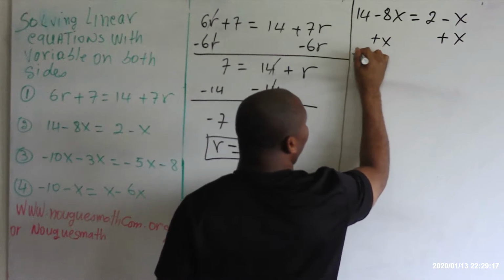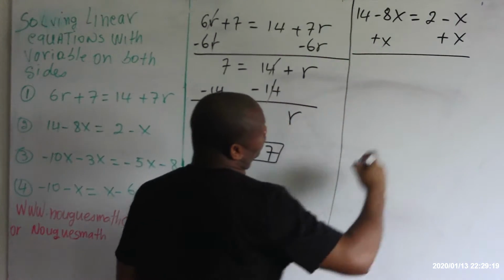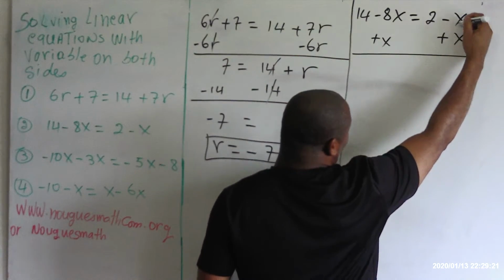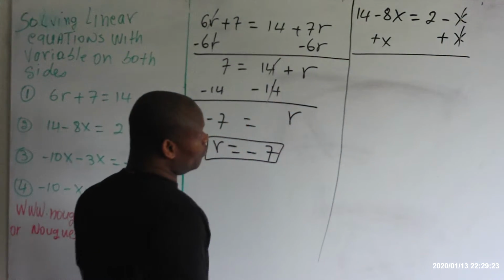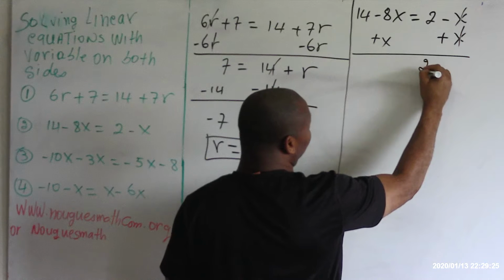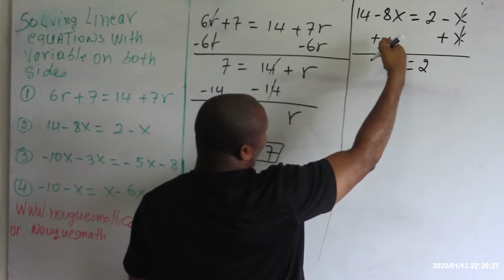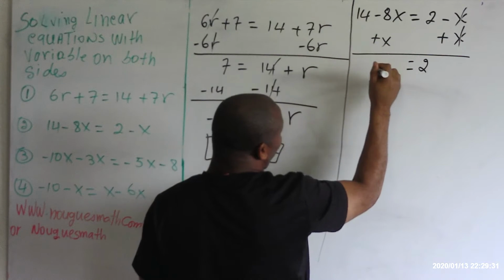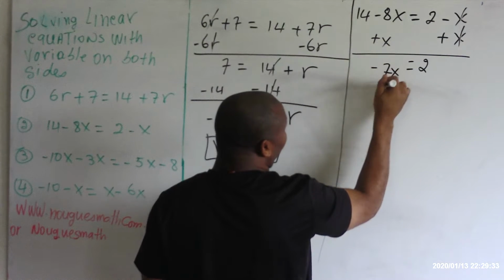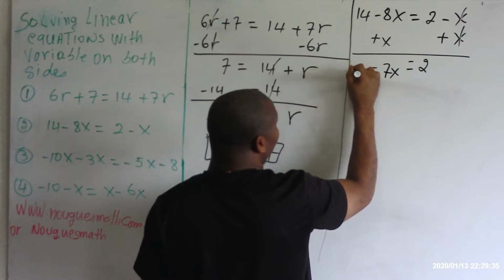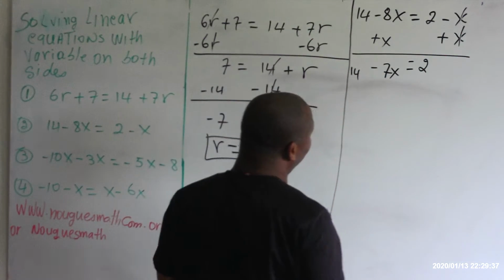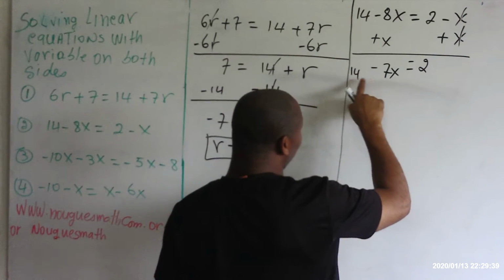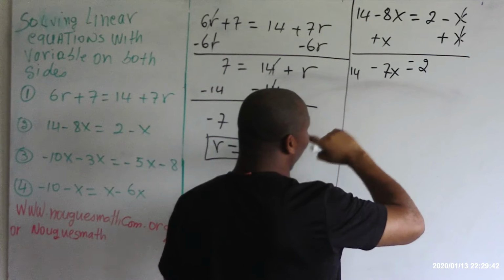Okay, so negative x, positive x, that cancel right here. So bring down 2. So when you add x to negative 8x, that's going to be negative 7x. Alright, so now we have 14 minus 7x equal 2.